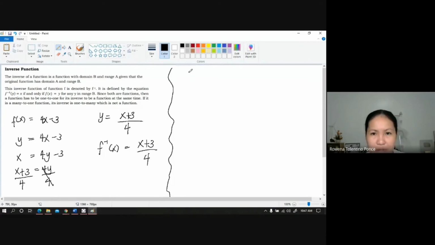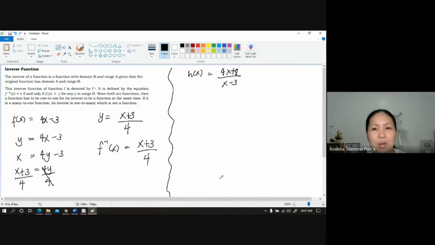Now, find the inverse of h of x is equal to 4x plus 8 over x minus 3. I know you are familiar with this one kasi kadidiscuss lang natin ito. This is a rational function. Sa case ng rational function, there are times na yung rational function ay 1-to-1, pero meron ding cases na hindi.